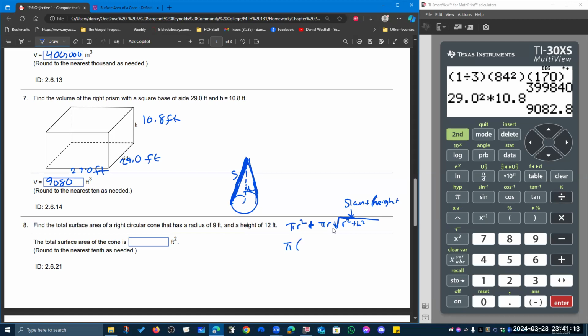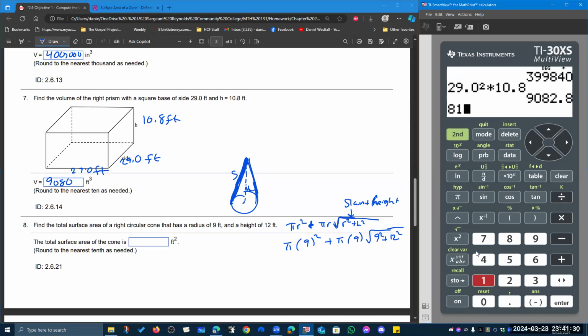Pi r squared plus pi times r times the square root of r squared plus h squared.